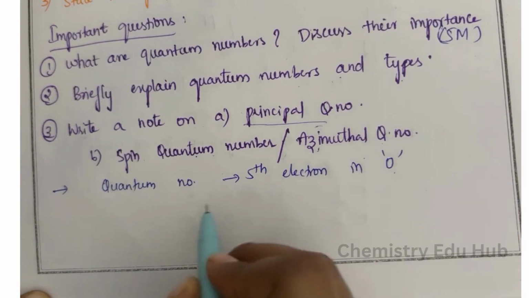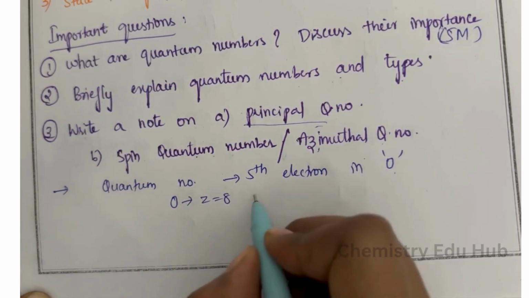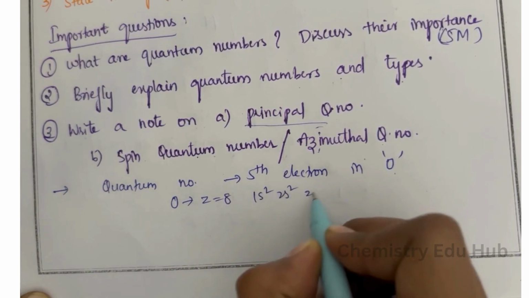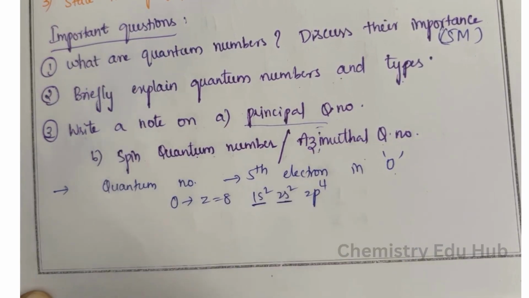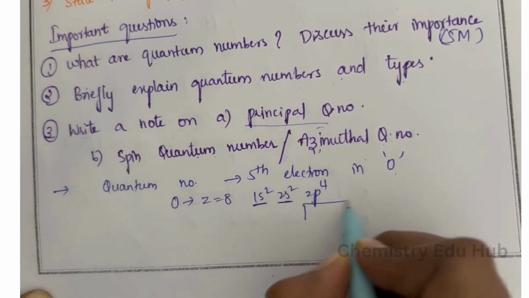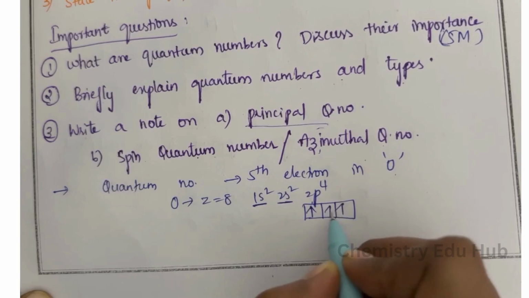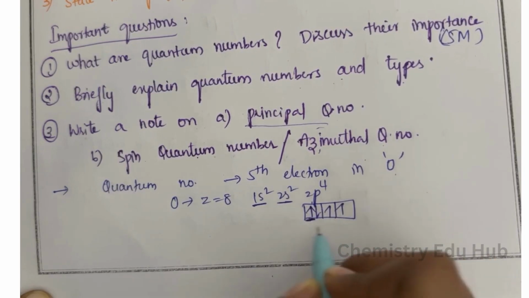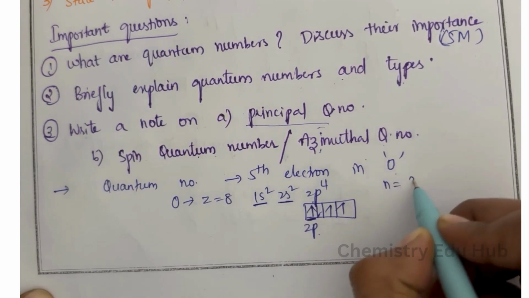In such a case, what you need to do is write the electronic configuration of oxygen, that is 1s2, 2s2, 2p4. 4 electrons are done. Now what about the 5th electron? This is the 5th electron, in the 2p orbital.